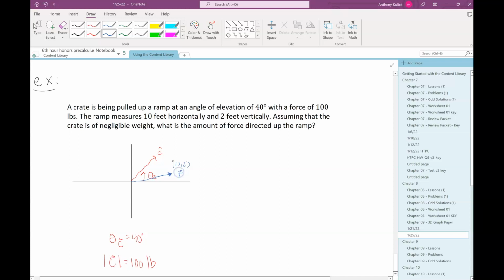And that makes my ramp vector. So there's my picture, right?